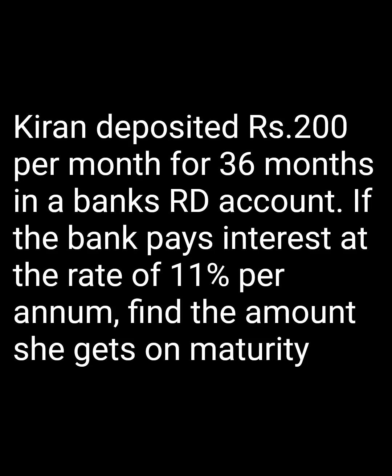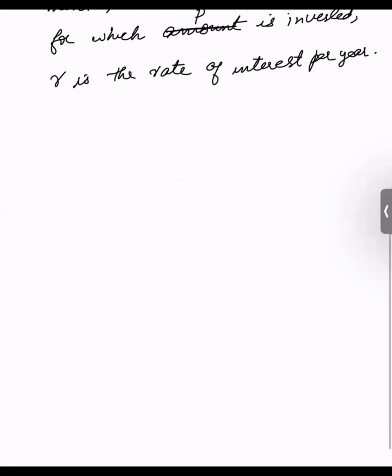Kiran deposited rupees 200 per month for 36 months in a bank's recurring deposit. If the bank pays interest at the rate of 11% per annum, find the amount she gets on maturity. Okay, so Kiran is investing rupees 200 per month. So what is principal?